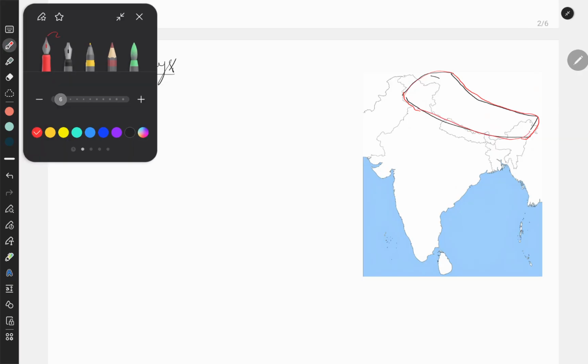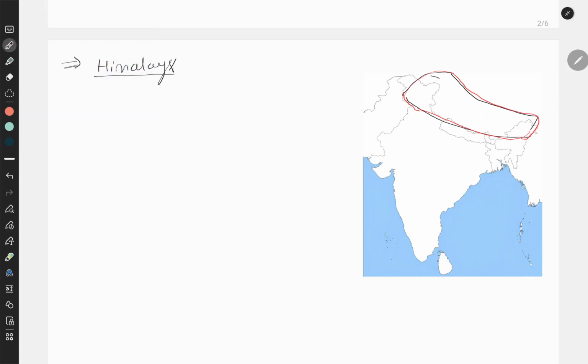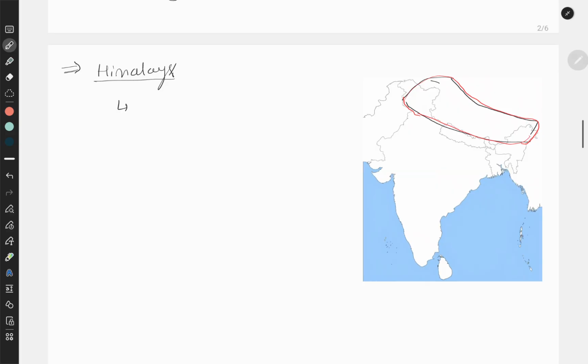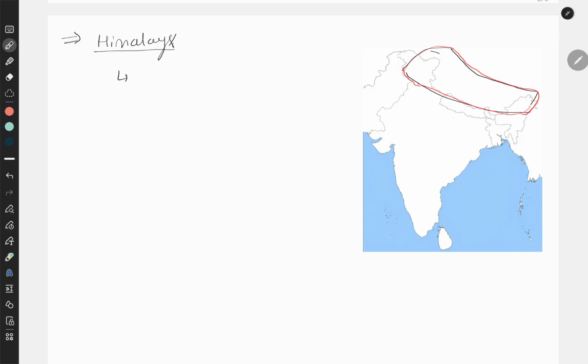The Himalayas spread over an area of 5 lakh square kilometers.